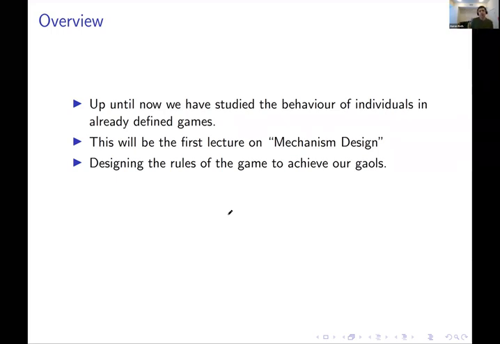The thing to do to solve a mechanism design problem is to design the game, to design the action set, to design the mapping between actions and outcomes, so that when players behave as we predict that they will, and we've now developed a large collection of tools to predict what people might do in a game, the premise of mechanism design is to design the rules of the game so that when people behave rationally, they will achieve the goal that we set out.